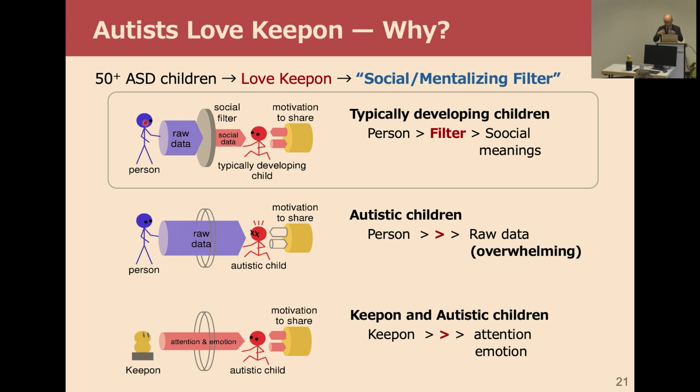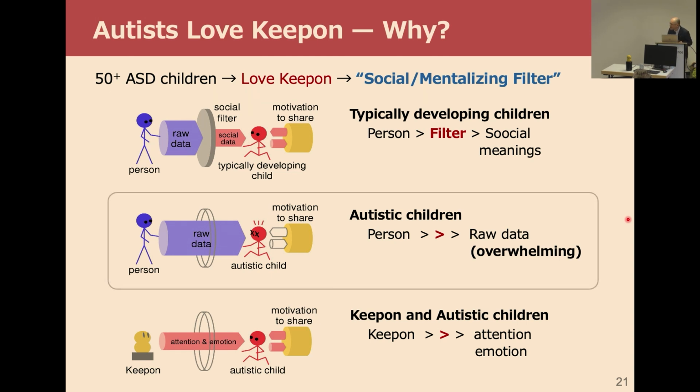It's really a big amount of data, and eye gaze direction and vocalization as well. It's really big data, and fast data. But this social filter transforms the raw data into a socially meaningful one, like attention, emotion, desire, or intention.